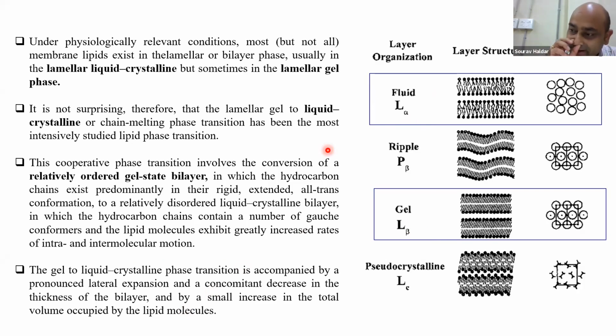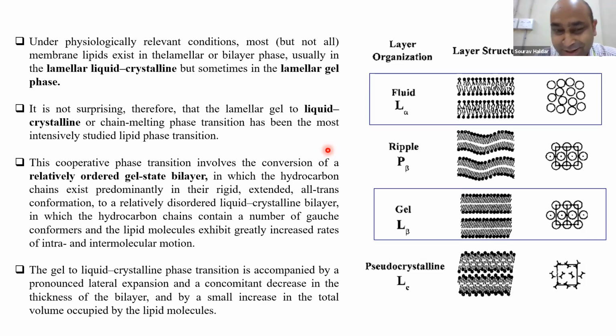So you can still see a phase transition, but that phase transition will be very local. And you can modulate that phase transition by modulating the temperature and lipid composition. For example, you can modulate the lipid composition in either a chronic or an acute way.